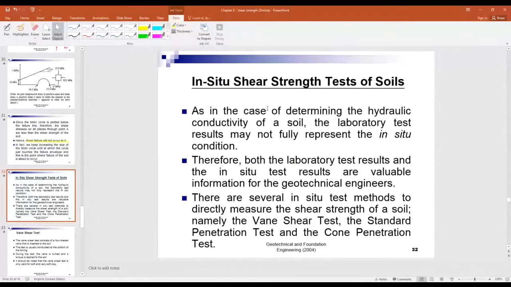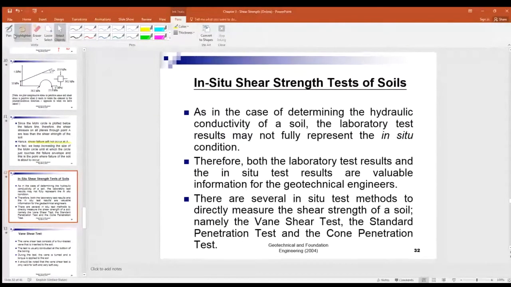Now, in situ shear strength of soils. We have laboratory tests, but also in situ tests. So you have the lab tests and also in situ tests.